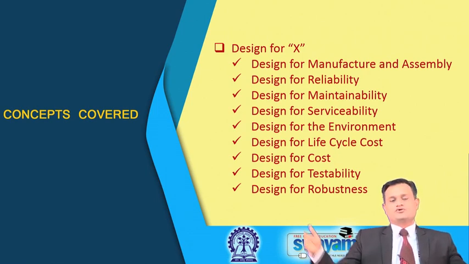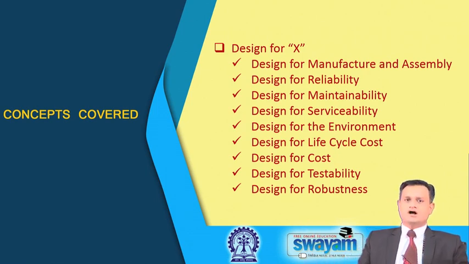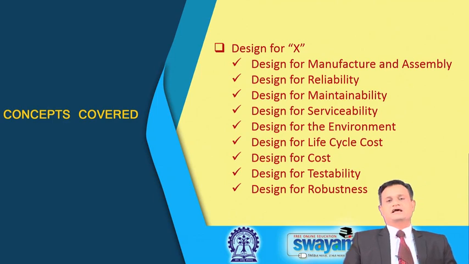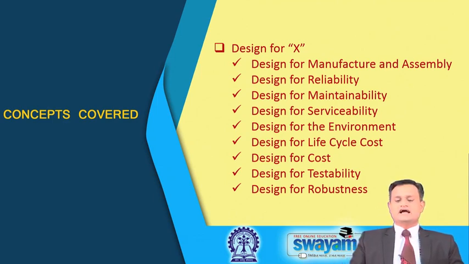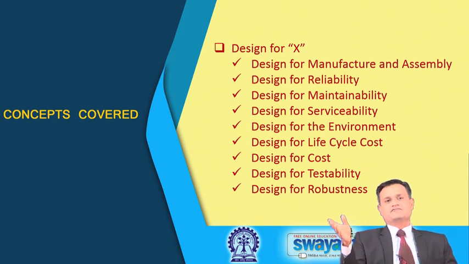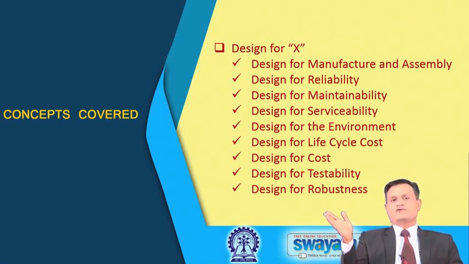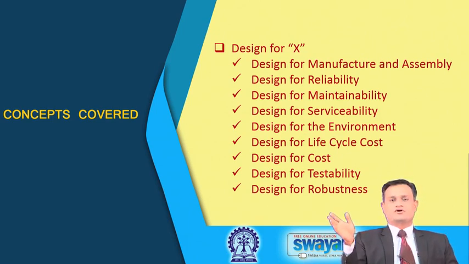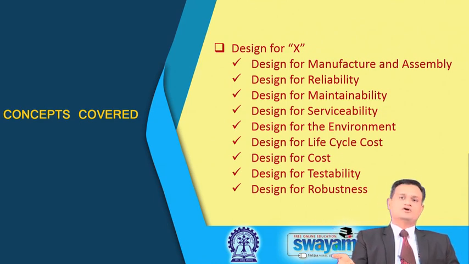Now I will just open the box of X, and this includes design for manufacture and assembly, design for reliability, design for maintainability, design for serviceability, design for the environment, design for life cycle cost, design for cost, testability and robustness.